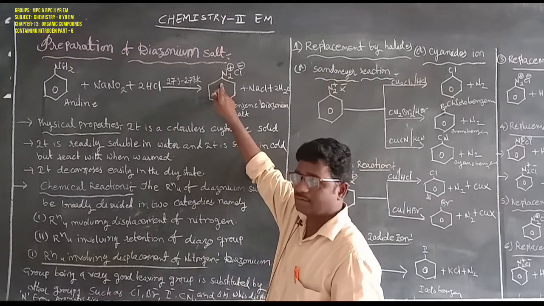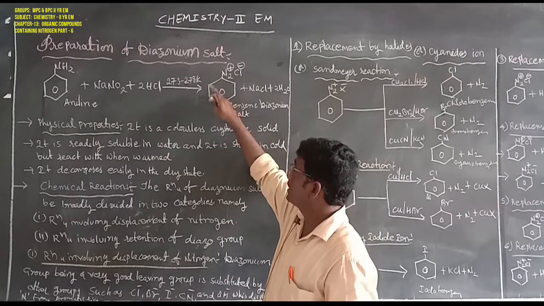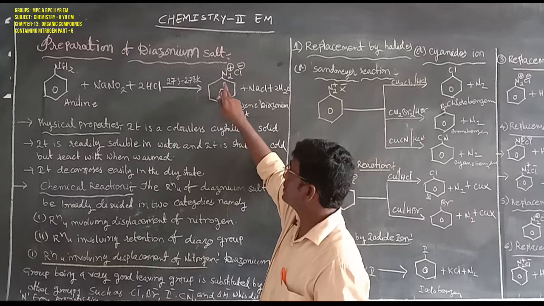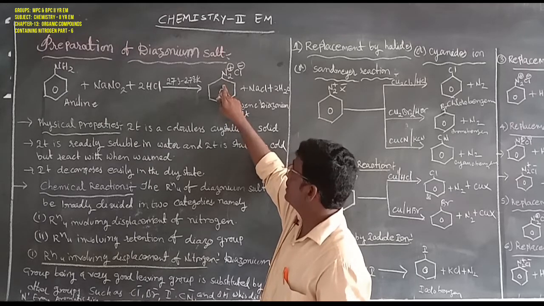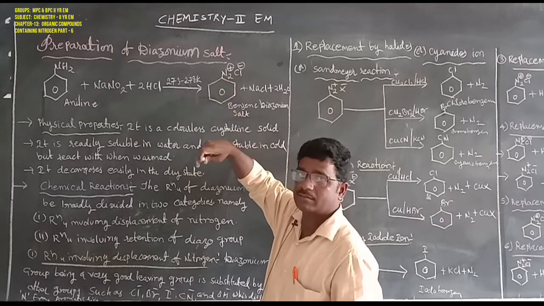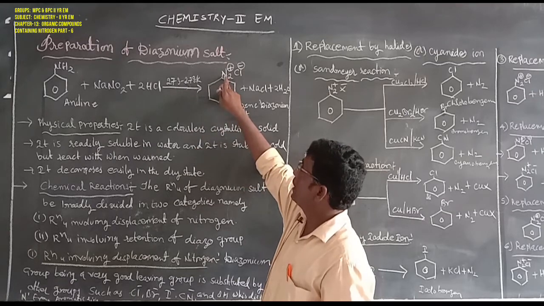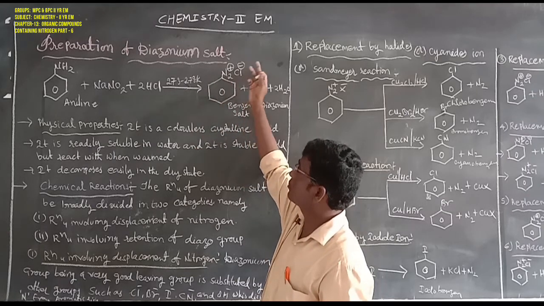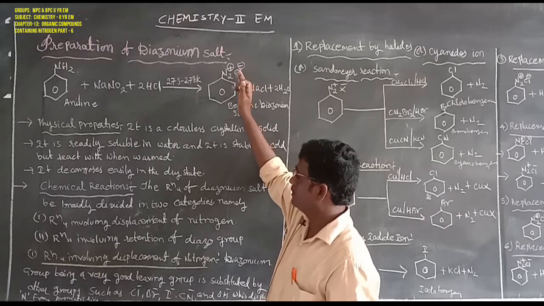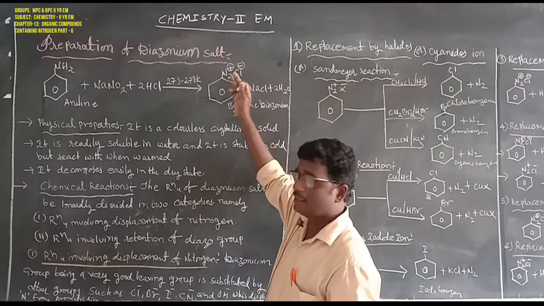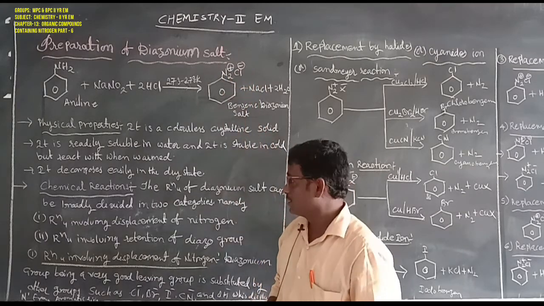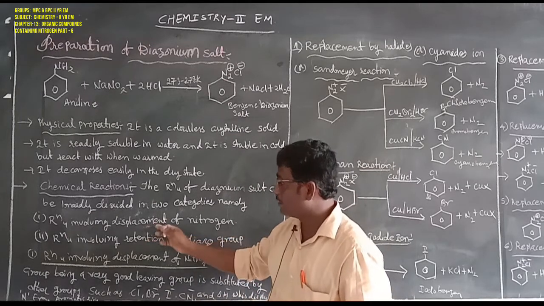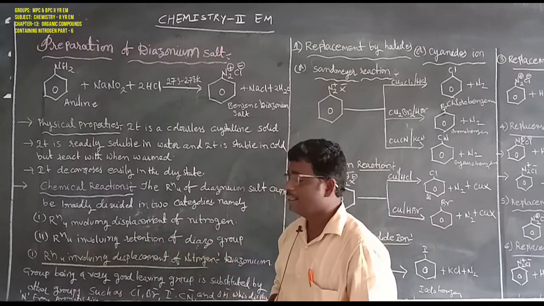In this reaction, the diazonium salt undergoes displacement of the nitrogen atom, which is replaced by another group such as chlorine or bromide, that is, displacement by anions.